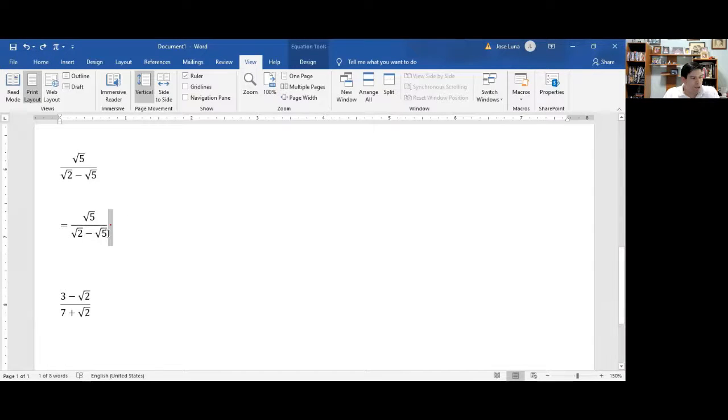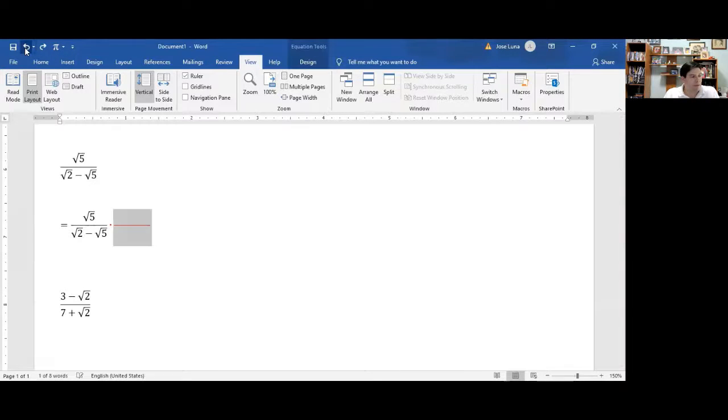Now, the 1 I'm going to choose is a fraction, and the denominator will be almost the same as the numerator, but it is called the conjugate because it will be the same two terms with the sign in between them changed. So in this case, the square root of 2 plus the square root of 5.